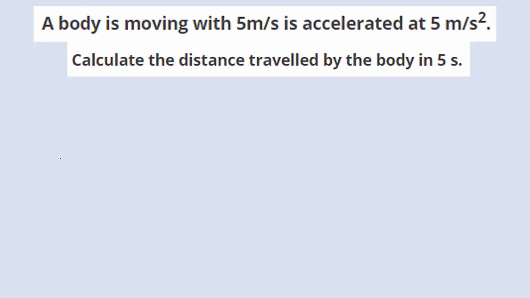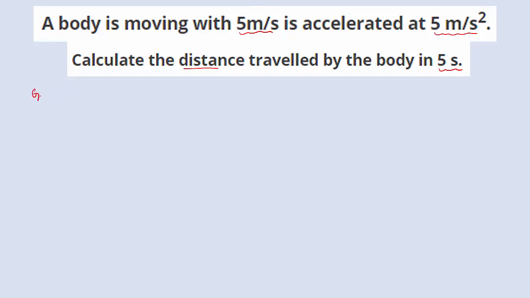Yes, observe the next problem. A body is moving with 5 meter per second and is accelerated at 5 meter per second square. Calculate the distance travelled by the body in 5 seconds. A body is moving with 5 meter per second, so what is that 5 meter per second? The initial velocity of that body.